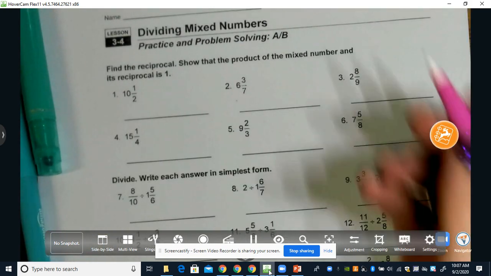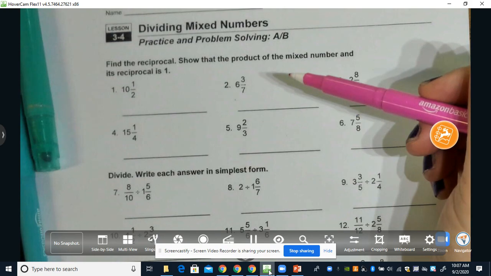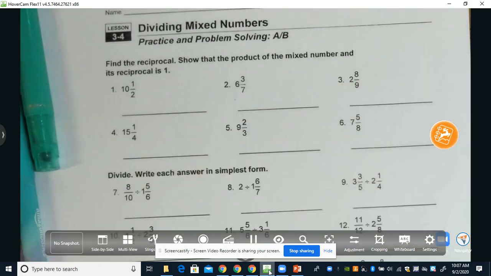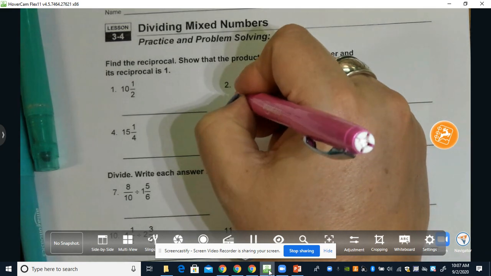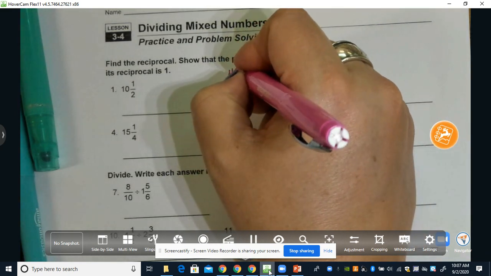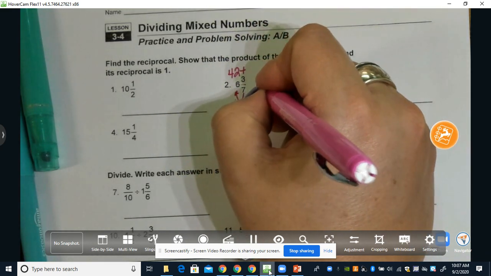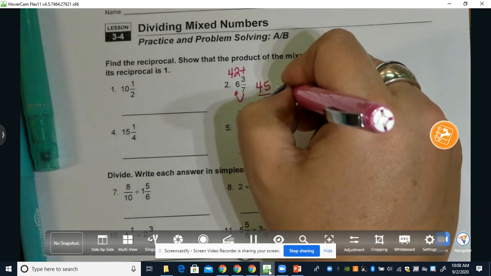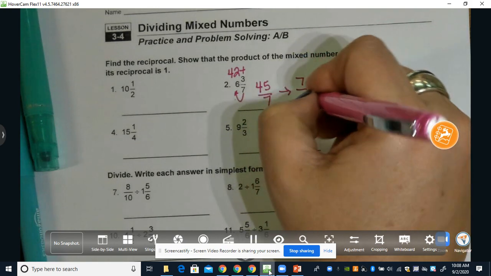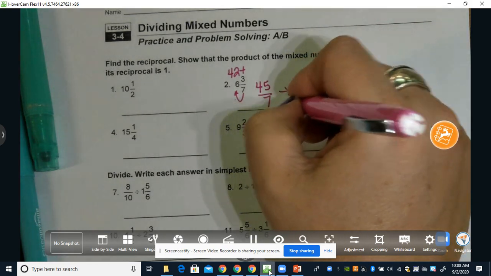So 6 and 3/7, remember when we have these mixed numbers, we need to first change them into improper fractions. So 6 times 7 is 42, plus 3 gives me 45 over 7. And then I need to flip it. So when I flip it, the reciprocal would be 7 over 45.